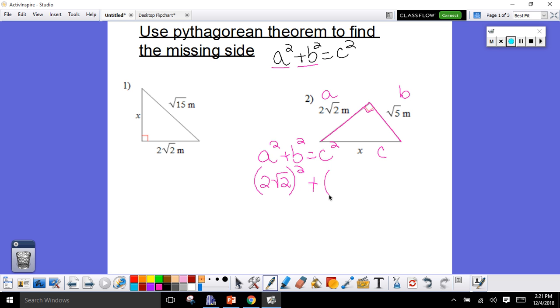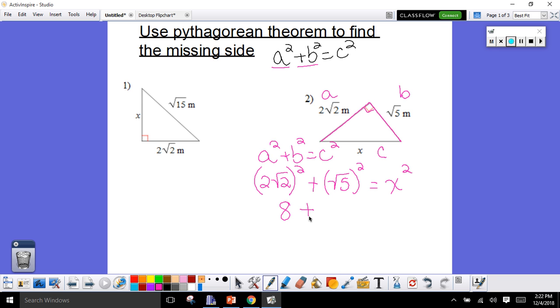Plus, instead of B, I'm going to use the square root of 5 squared. Equals C squared, which is going to be X squared. When I put into my calculator 2 and the square root of 2 squared, that's going to give me 8.